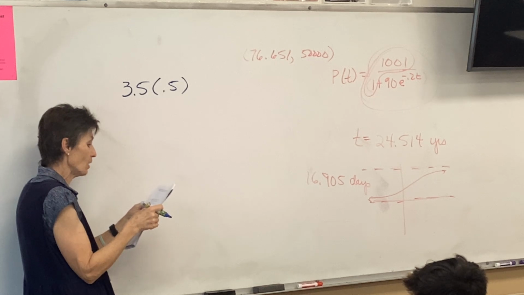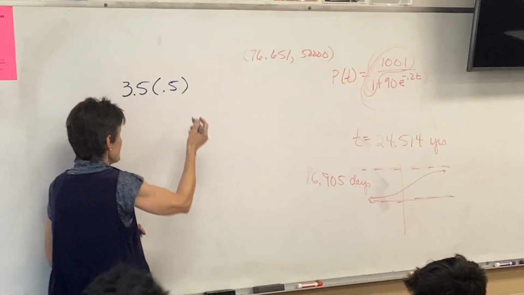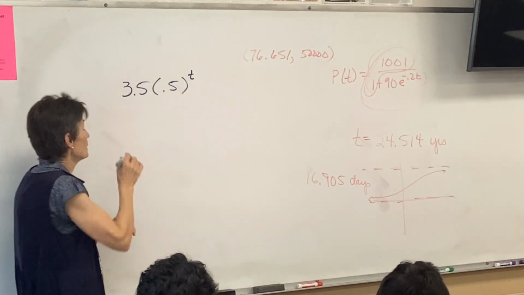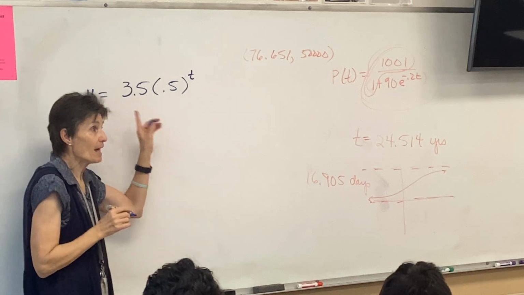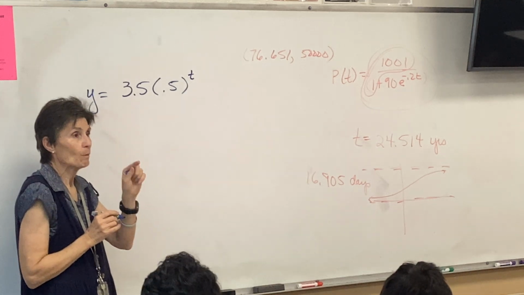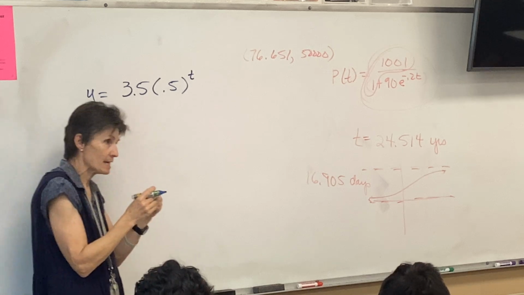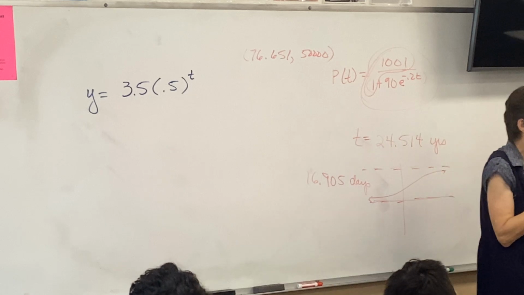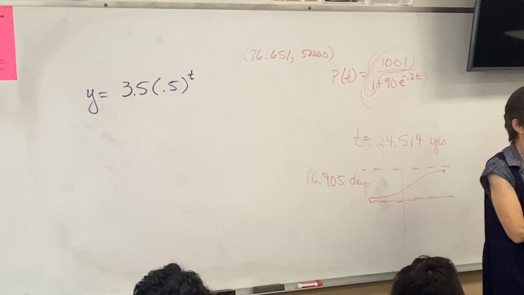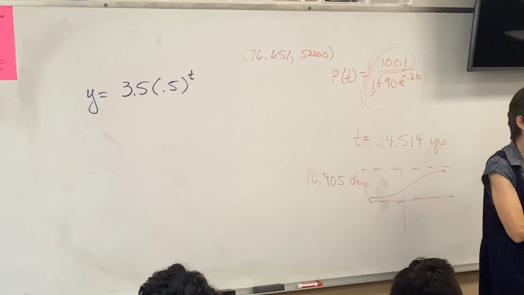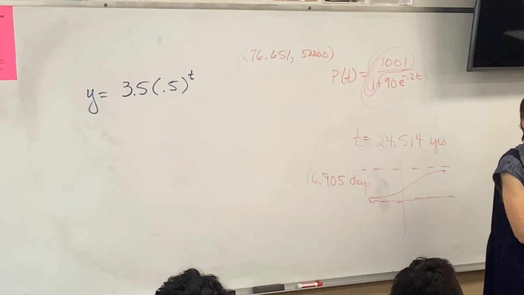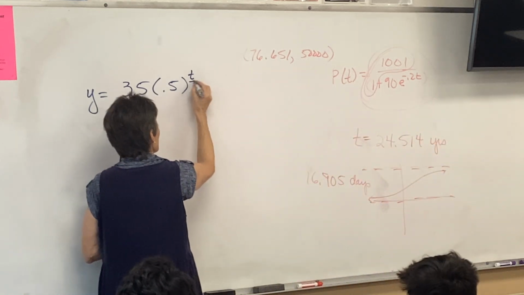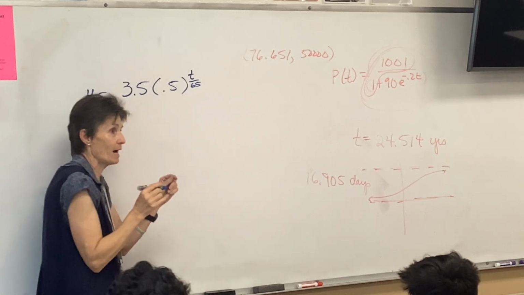And we want to know, for the X, okay, so let me just put a T up here, or an X. Now, if I left it like that, that would mean every day I'm cutting it in half. Now, is that what's happening? No. Every 65 days. So I have to alter my exponent and make it T over 65.